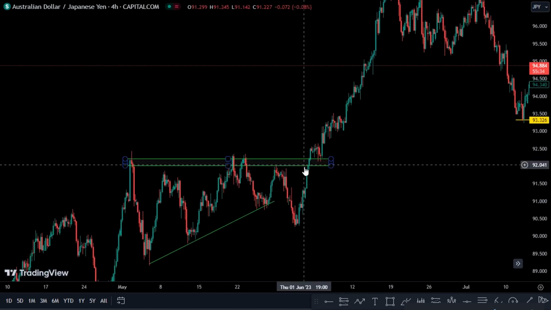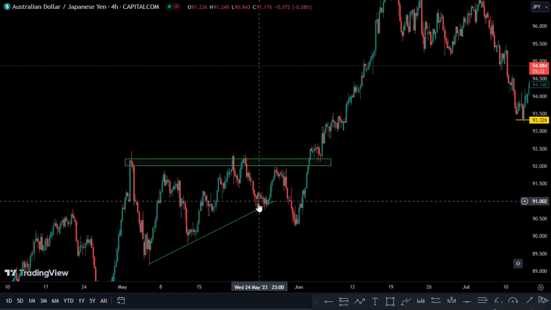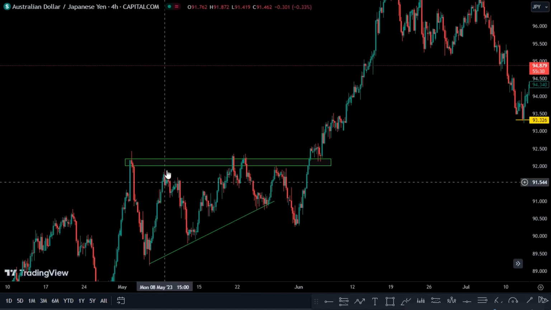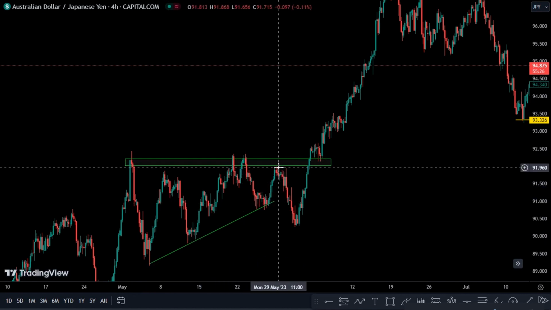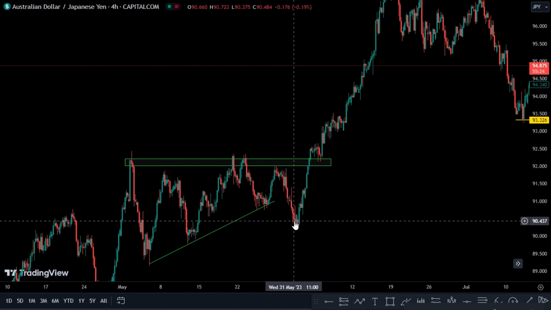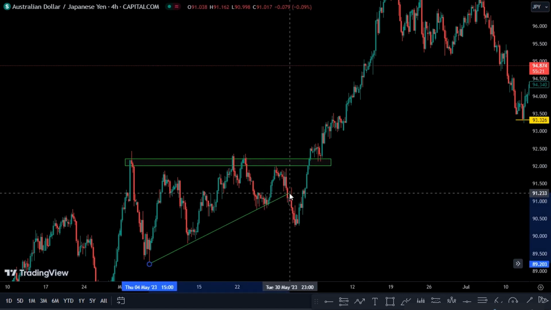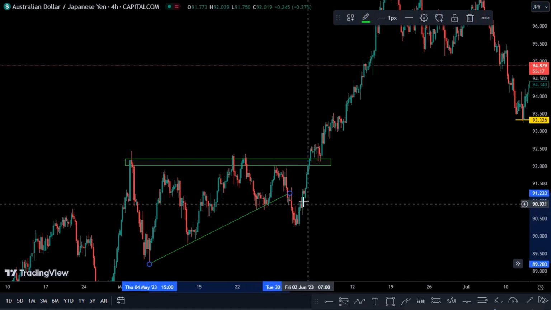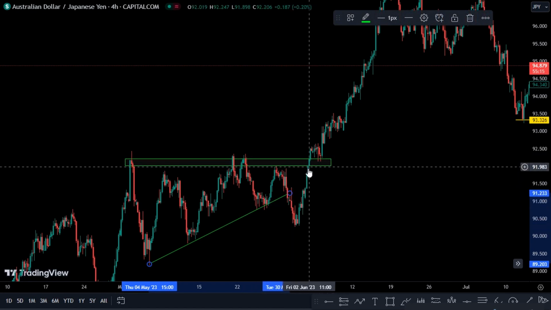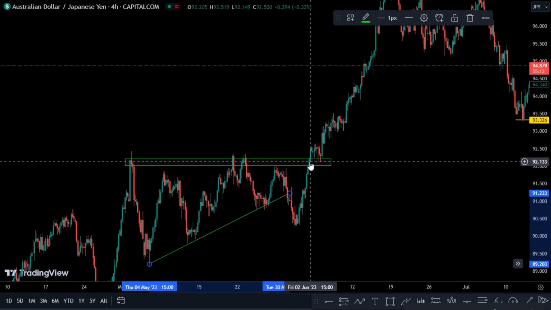Here you can see that the market pushed from here, reacted, came back, pushed, reacted, and came back, pushed again, then faked out as if it was changing direction. As you can see, this trend line was faked out to the downside, and then it went back after this resistance.